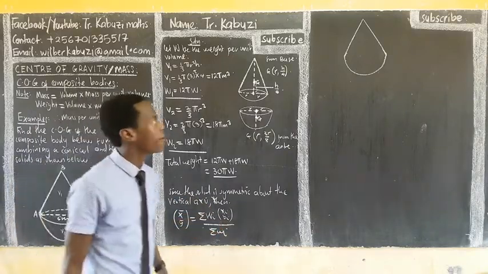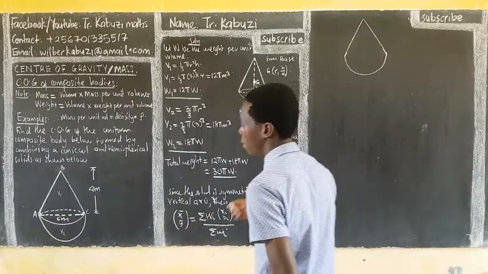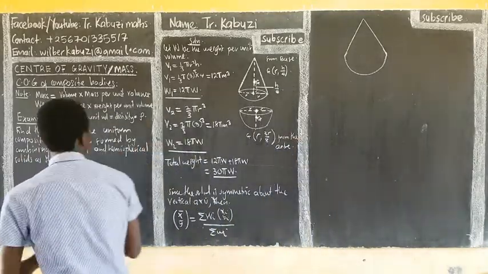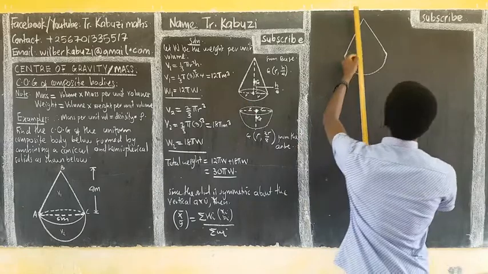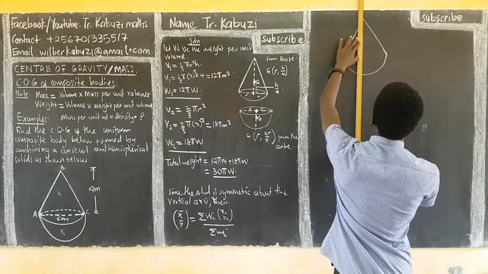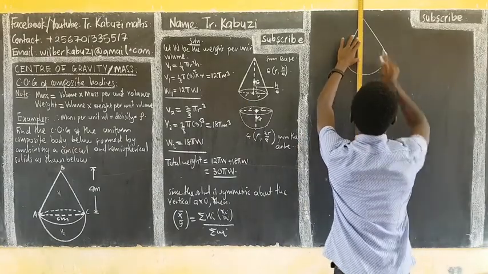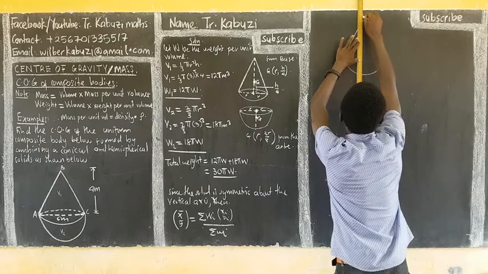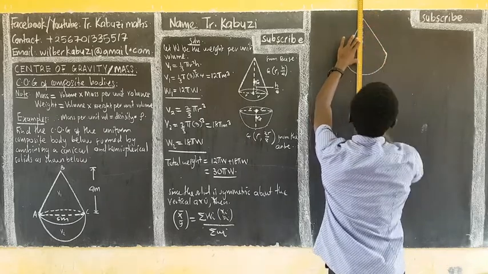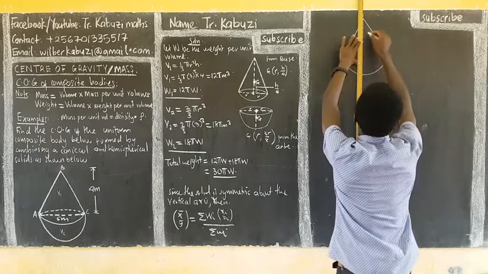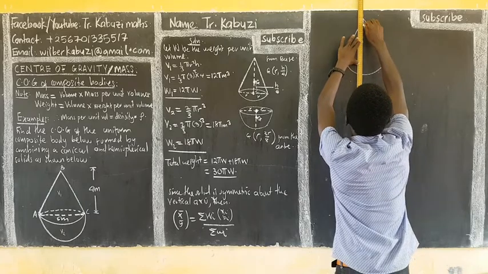As simple as that. Now, what I'm going to do is draw also. You see that symmetry there? So I'm going to draw a vertical axis here, as you can see there.